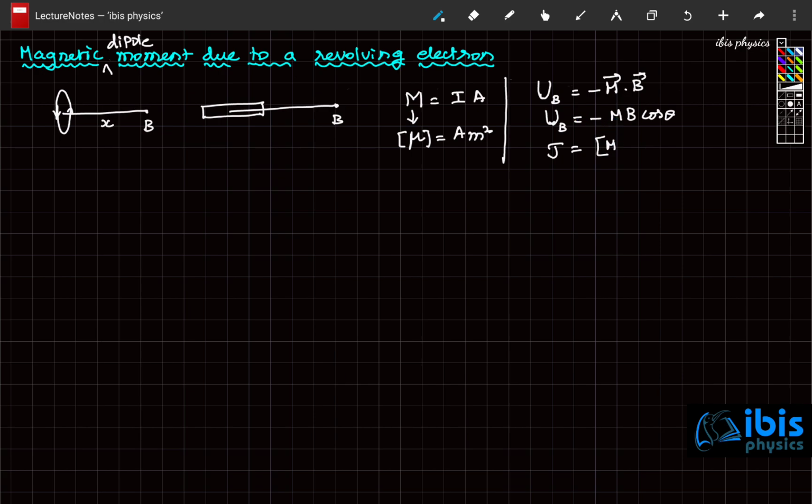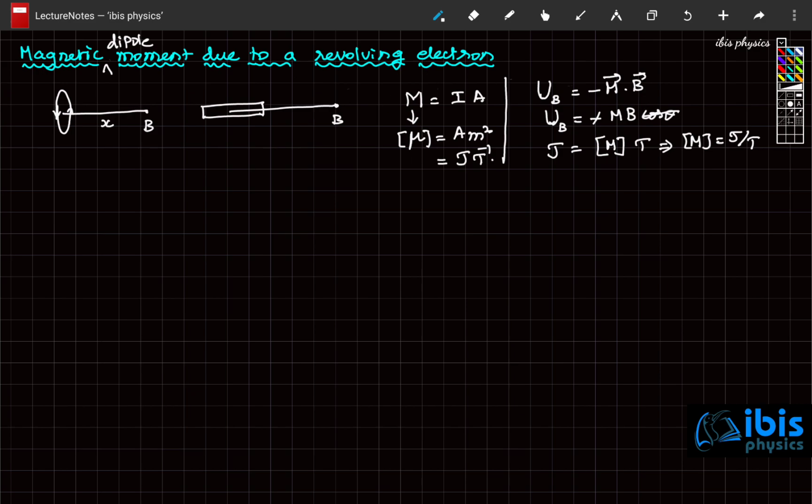The magnetic field unit is Tesla, and cos theta, being a trigonometric ratio of two sides, has no unit. So dropping the negative sign, the unit of magnetic moment is joule per Tesla. So the unit of magnetic moment is either ampere meter square or joule per Tesla.